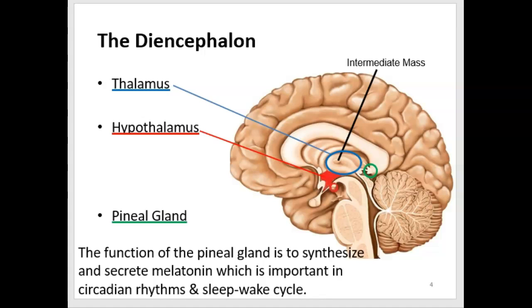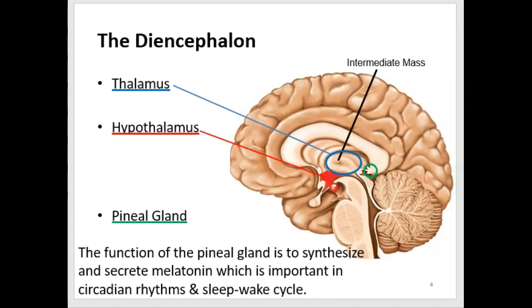So let's start with the diencephalon. The three regions again of the diencephalon are called the thalamus, the hypothalamus, and the pineal gland, and they're labeled on this sagittal section of the brain. We're going to start with the thalamus, and it is difficult to get a three-dimensional understanding of the two lobes of the thalamus.